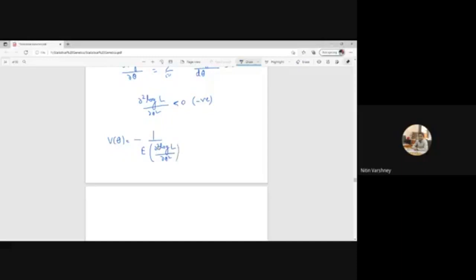Or I can write it as minus 1 upon summation i of mi del square log of mi upon del theta square. So this is the variance. Now I'll tell you how to calculate this.